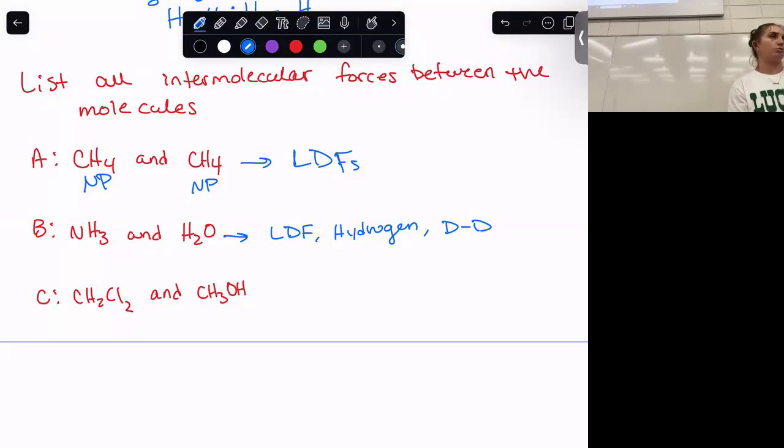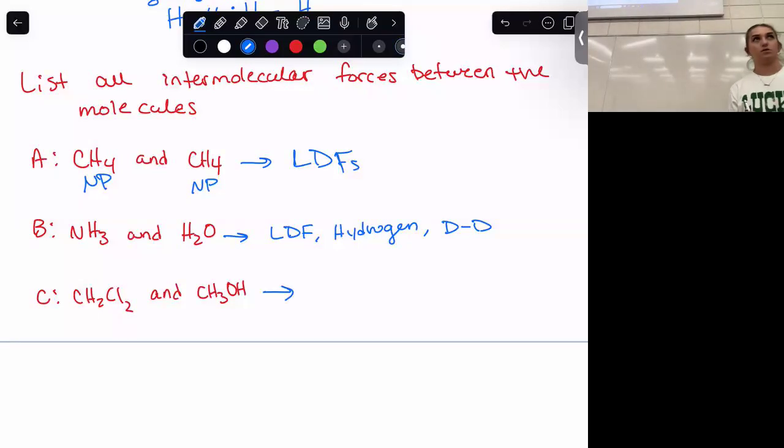All hydrogen bonds are dipole-dipole, but not all dipole-dipole are hydrogen bonds. It's also dipole-dipole because H2O is polar and NH3 is polar. If hydrogen bonds didn't exist, it would still be a polar molecule, so that still makes it dipole-dipole.